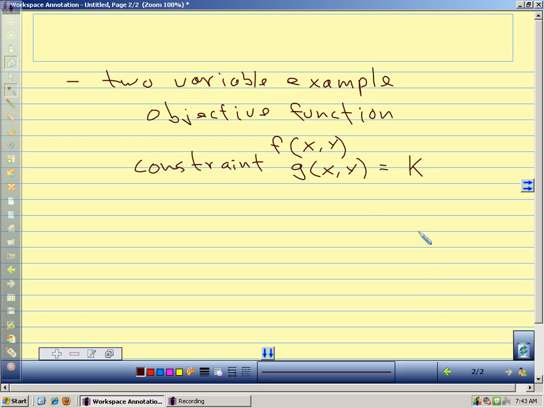Now we can think of g of x, y equals k as one level curve of the function g of x, y. We're going to graph this level curve of g, and we're going to graph several level curves of f of x, y.